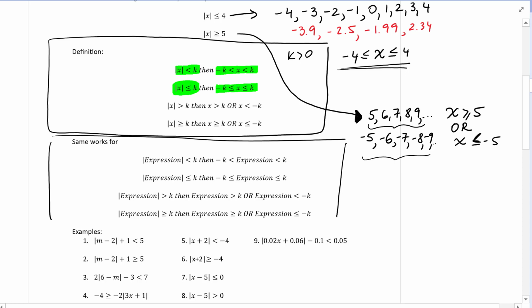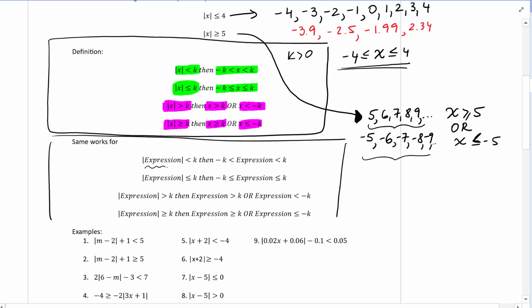You cannot have a number greater than 5 and less than -5 at the same time. So in other words, if we see absolute value of x greater than or equal to some positive k, then x is greater than or equal to k, or x is less than or equal to -k, and the same applies when we have strictly greater than k.